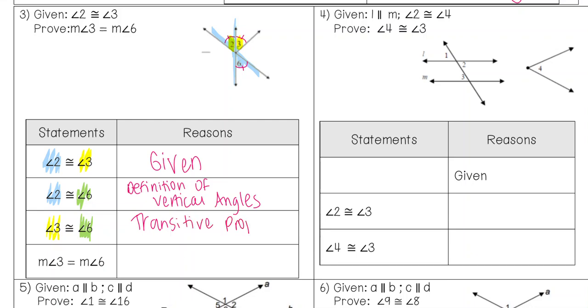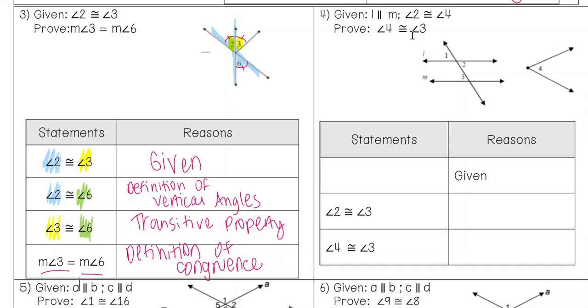So the transitive property lets us state that angle 3 is congruent to angle 6. And then there's a very subtle difference at the end, where we're proving that the measure of angle 3 is equal to the measure of angle 6. Remember, that's just using our definition of congruence. We wouldn't want to have stopped at the line above because we had only proved that they were congruent. We're going to cite that the definition of congruence makes those measures equal on that last part.